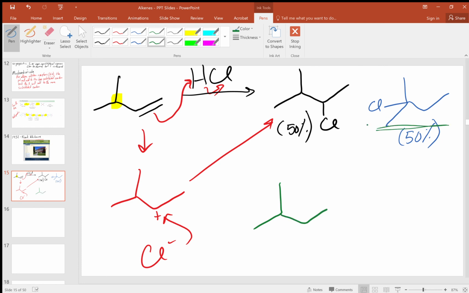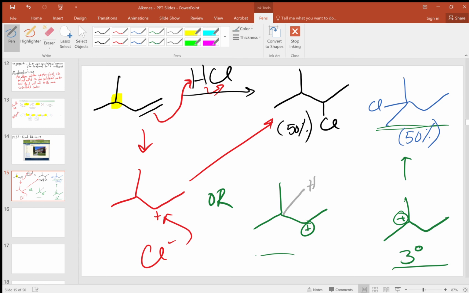Because this product that was the unexpected one would come from a more stable tertiary carbocation. Is it possible to get from the secondary cation to the tertiary? Well, if this hydrogen was able to shift over one carbon, we'd get to a more stable tertiary carbocation.